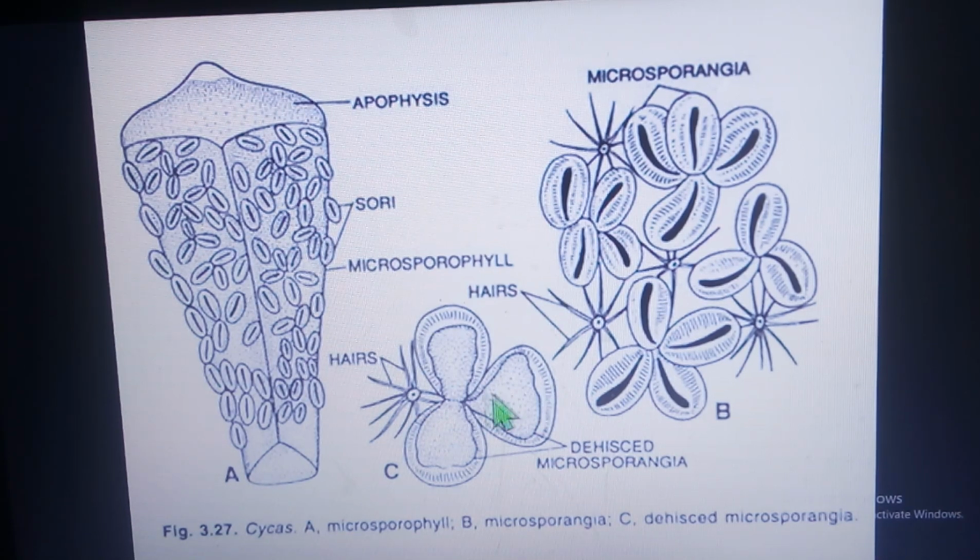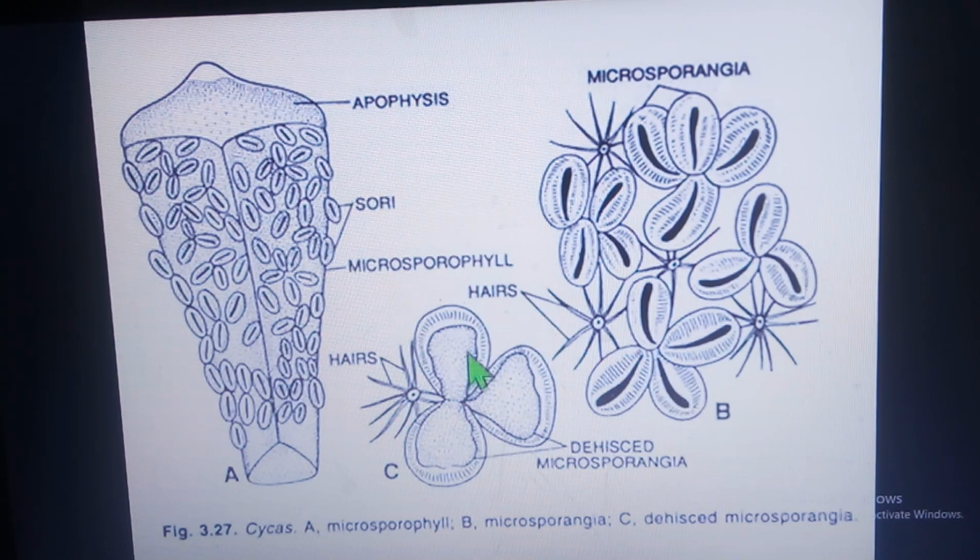Okay, so after it becomes dry, each microsporangium dehisces by a longitudinal slit at its anterior end in order to release these microspores to the outside environment.